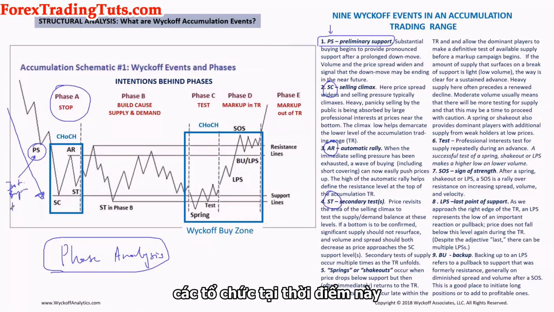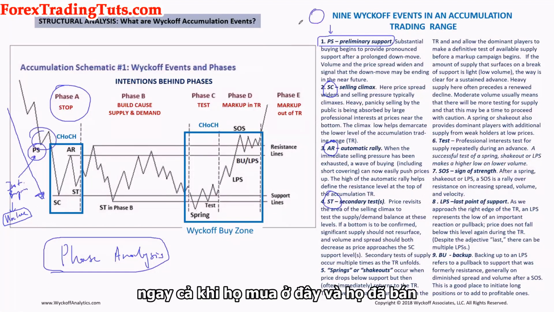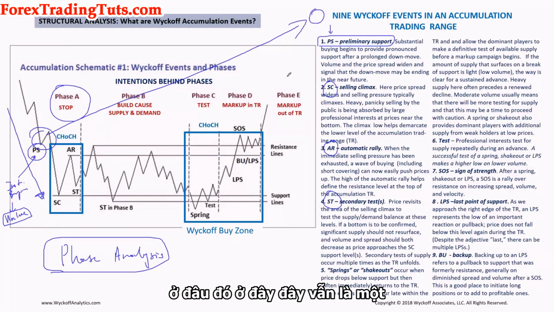Institutions at this point in time are already seeing some kind of value, and some of them are just a little bit more premature entering the position, which is totally fine with them because their time horizon is so long and big that even if they bought here and sold somewhere here, this is still a profitable trade for them.